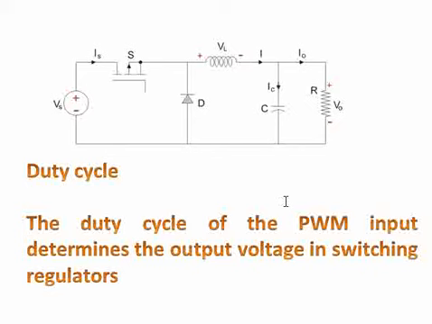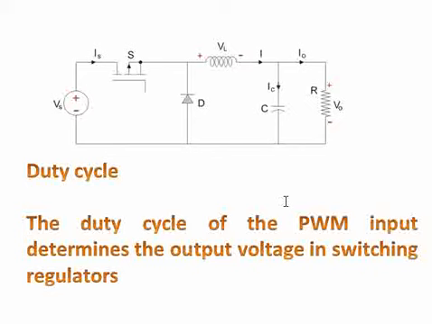For example, let us assume we have two switching regulators. One is 12 to 5 volts, and the other is 9 to 5 volts. If we are using the same topology, ultimately at the input we will be changing the duty cycle, based on which the output will be generated.